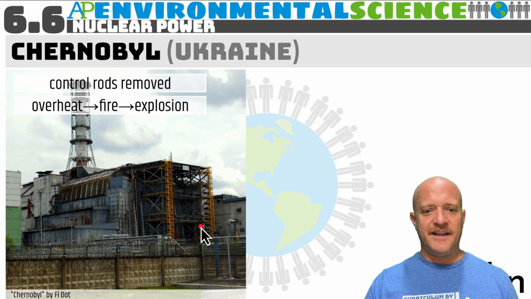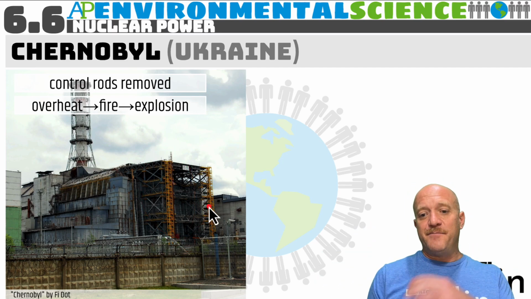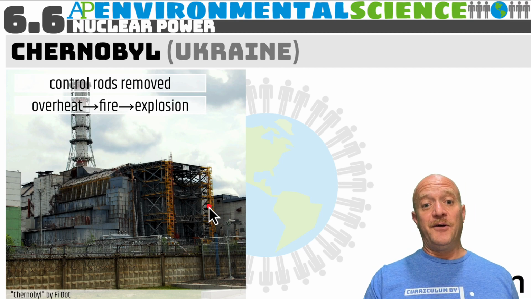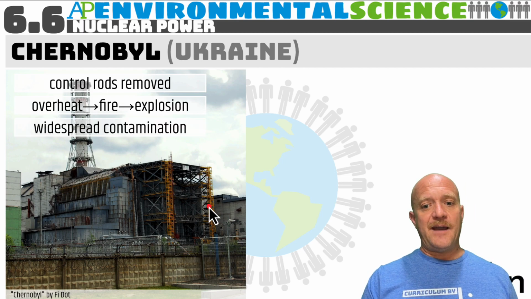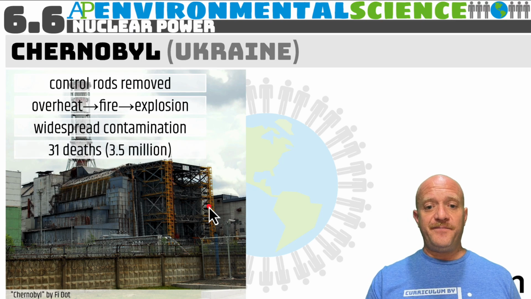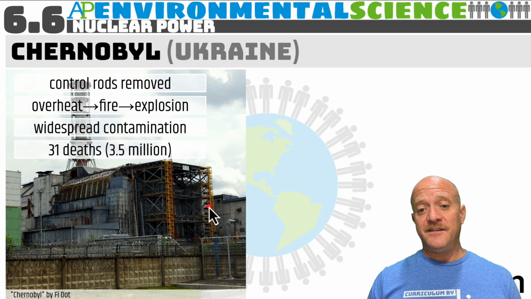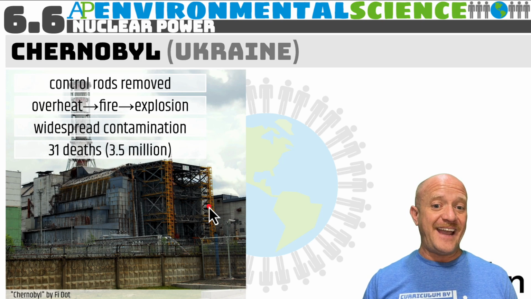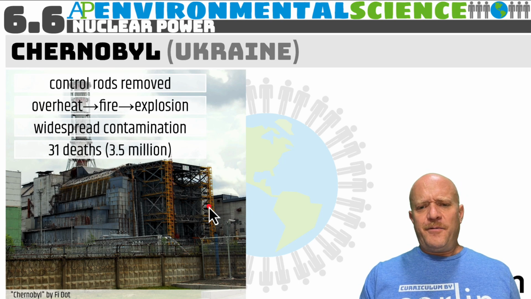They basically had to put cement on top of it to contain everything after it exploded. There was huge, widespread contamination, and 31 people died in the actual explosion, and up to 3.5 million people were affected by the radioactive particles.